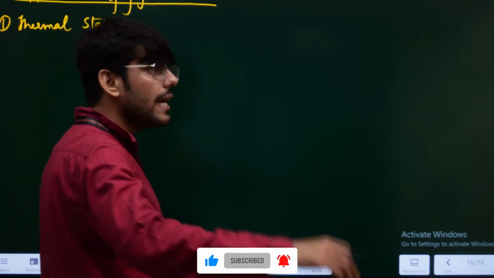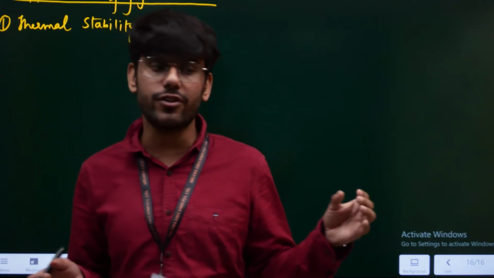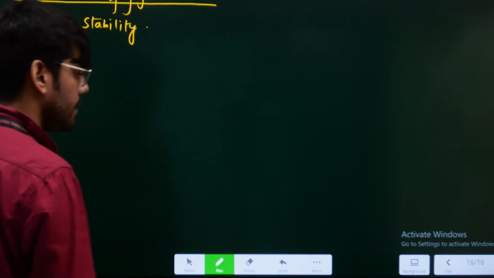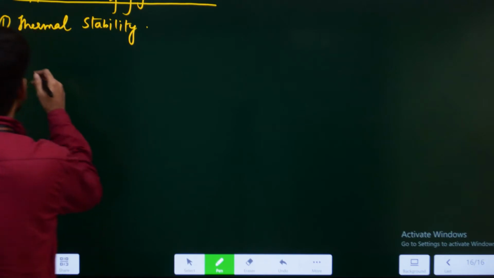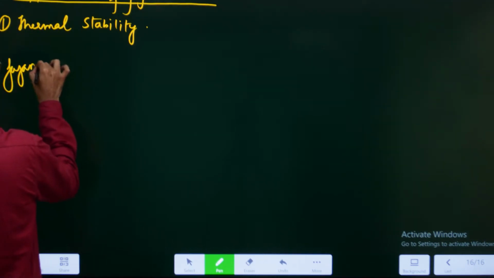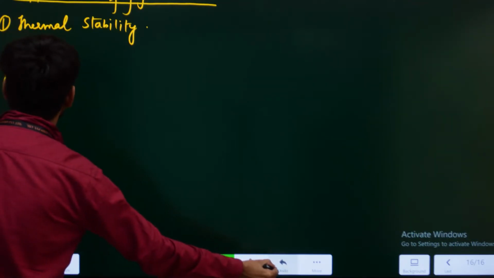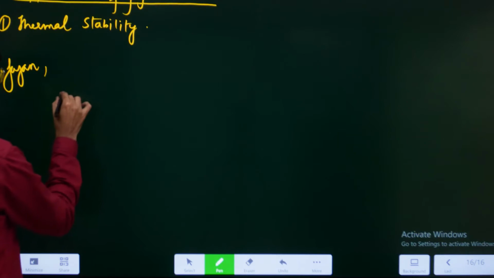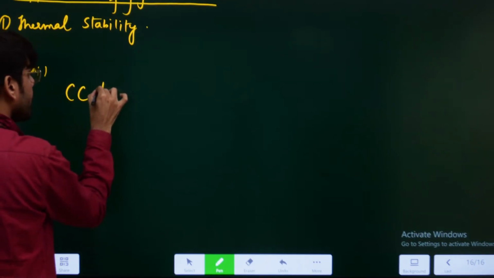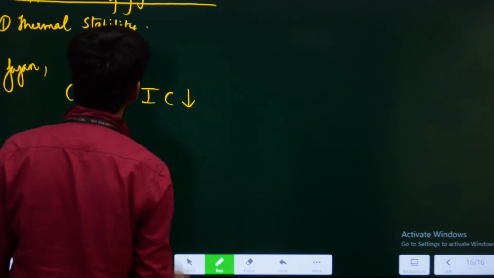Whereas in covalent bonding we discuss weak van der Waals forces of attraction. So what was Fajan's statement? According to Fajan, if covalent character is increasing, obviously ionic character will decrease. Yes or no?